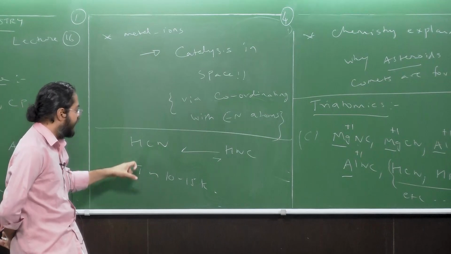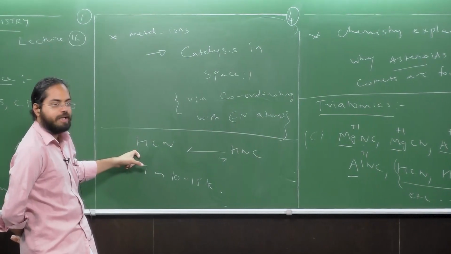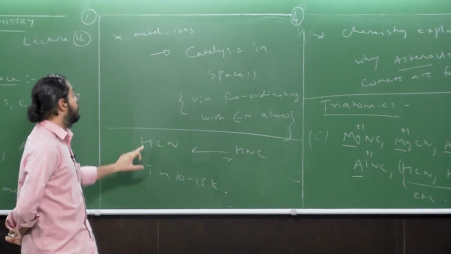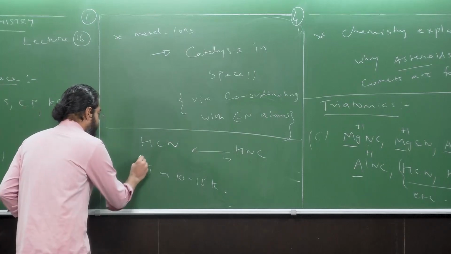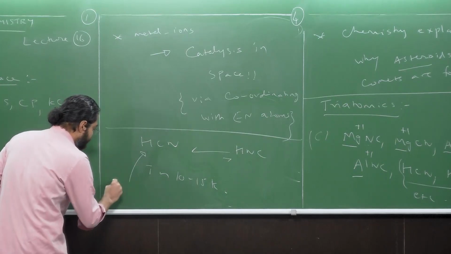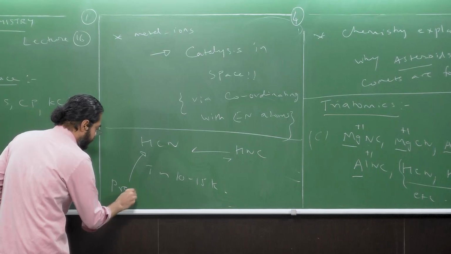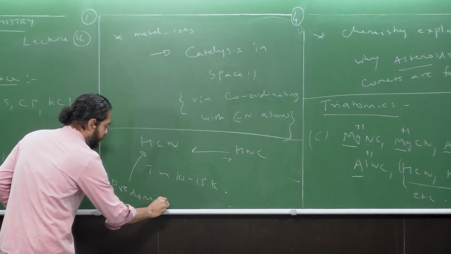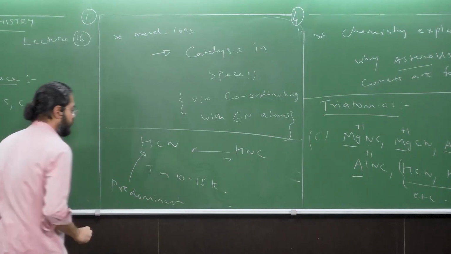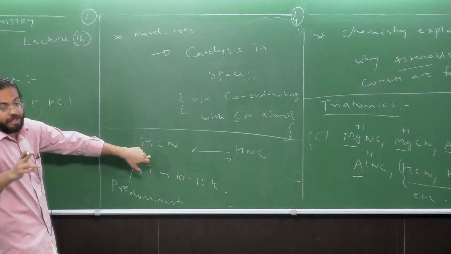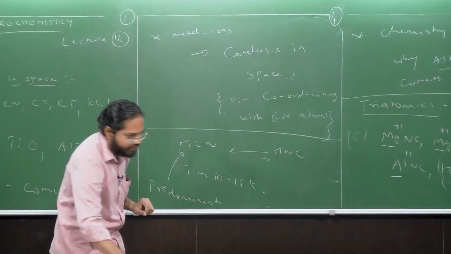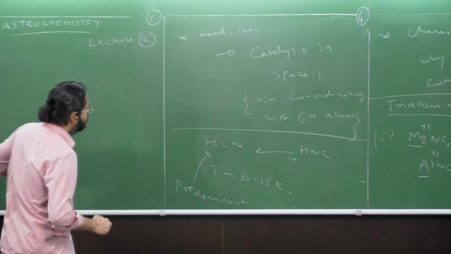So you would expect that at temperatures of 10 to 15 Kelvin, the equilibrium is towards HCN. So this should be expected to be the predominant species. That is what we would expect. However, what are your guesses? What's going to happen?